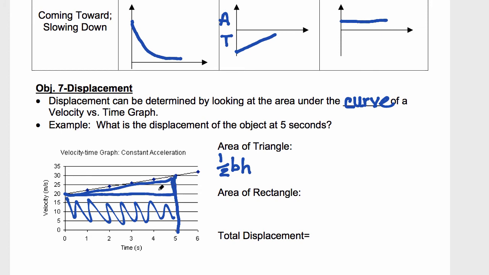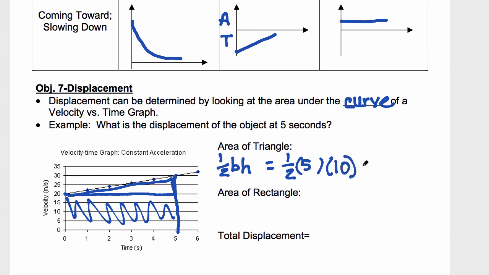And then looking at that, the base is 5 seconds. So it'd be 1/2 of 5, the base of the triangle, times the height of that triangle. And that triangle, like I said, goes from 20 to 30 right there. So 20 to 30 would be 10 meters per second.